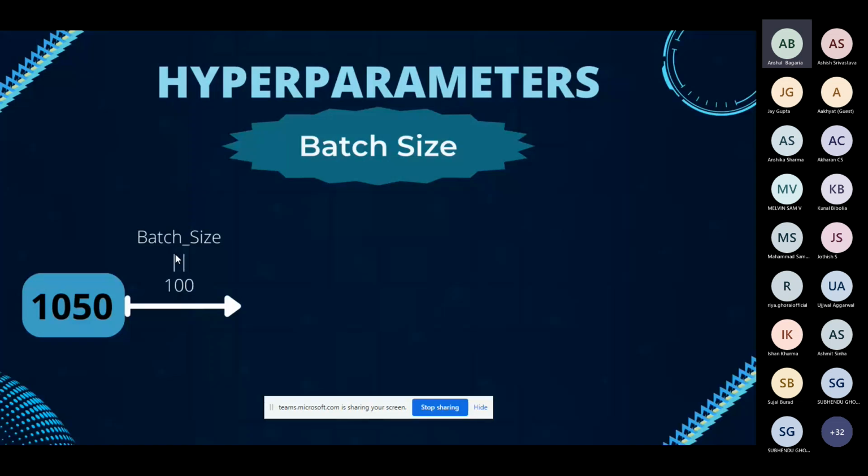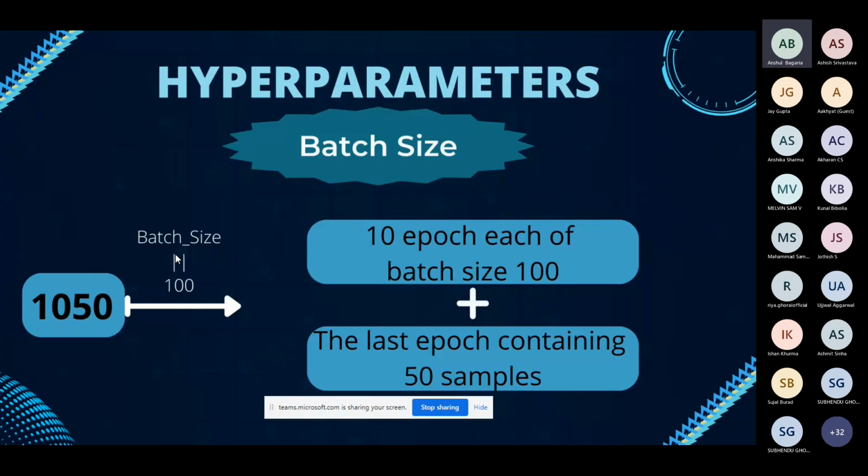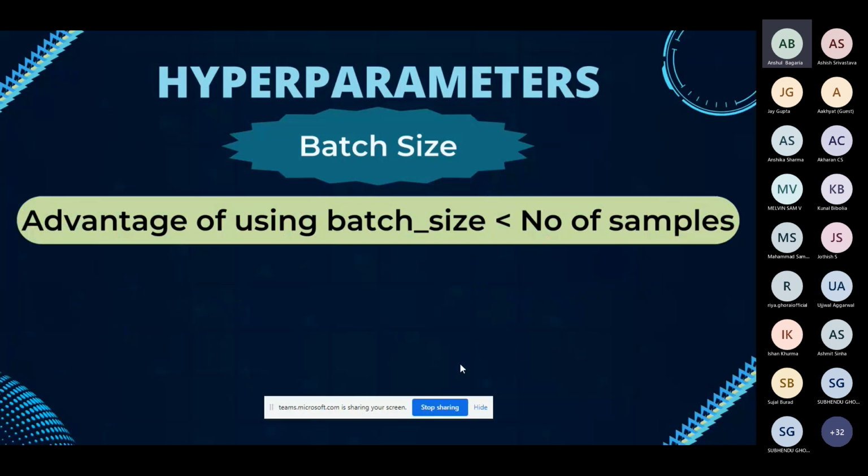We keep doing this till we propagate all samples. A little problem arises because after 1,000 only 50 remain. Then we can consider the last 50 samples as one more epoch and train the neural network. So what are the advantages of using a batch size less than the number of samples?